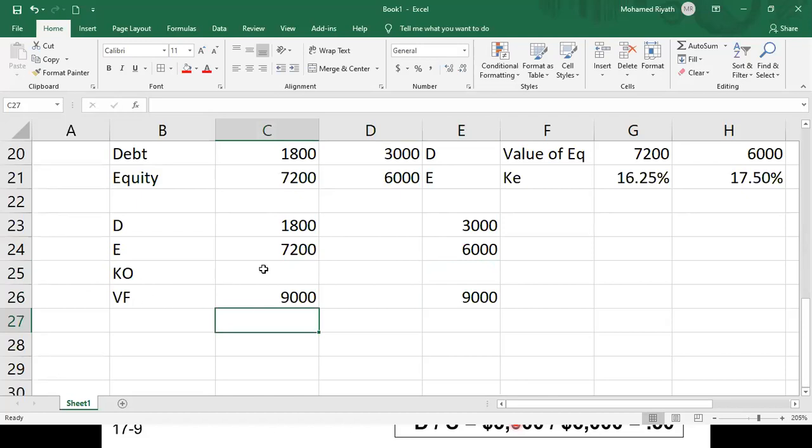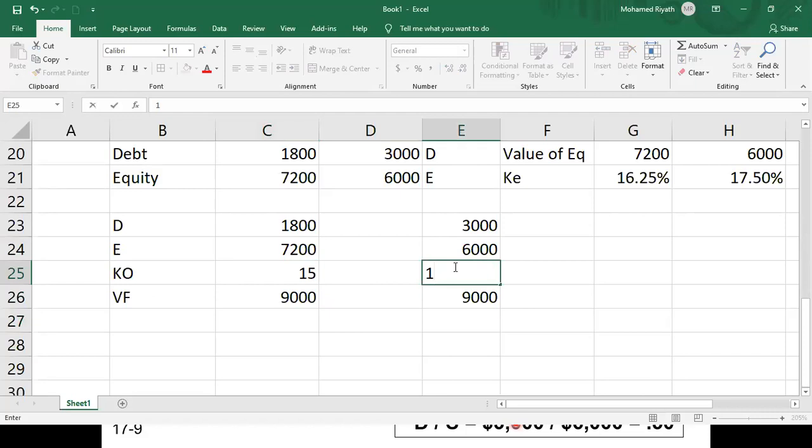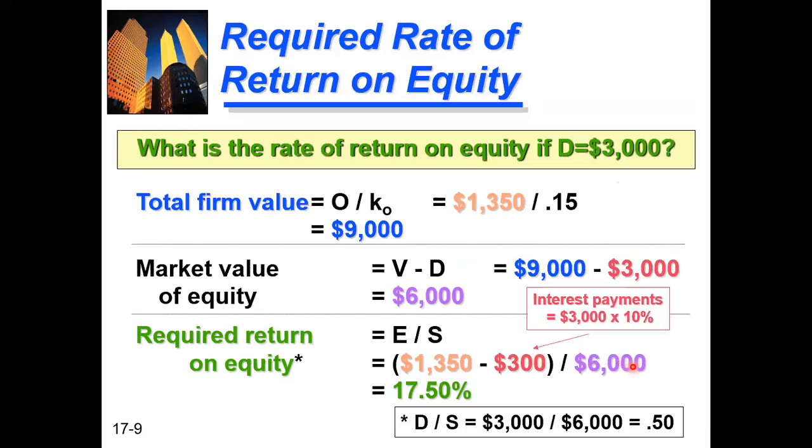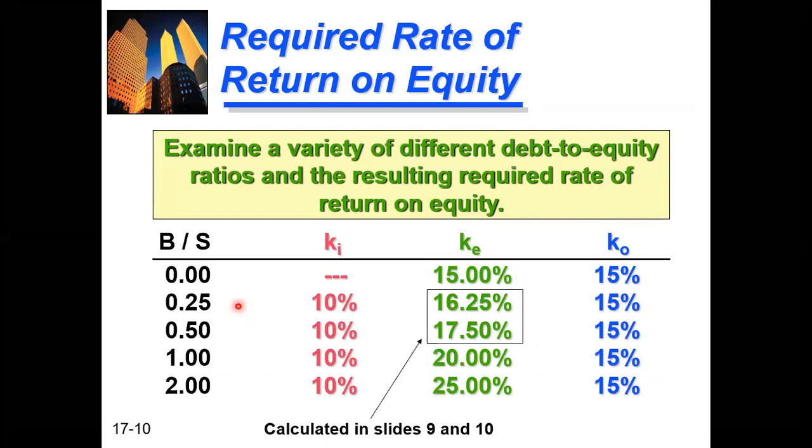The overall cost of capital here is 15%, earlier also 15%. But cost of equity goes up: earlier 16.25%, here 17.5%. Right. Now we will put this in a table.